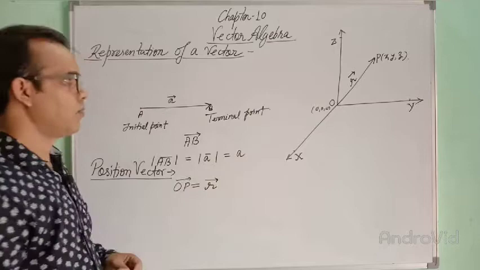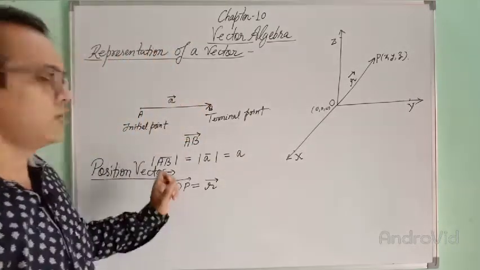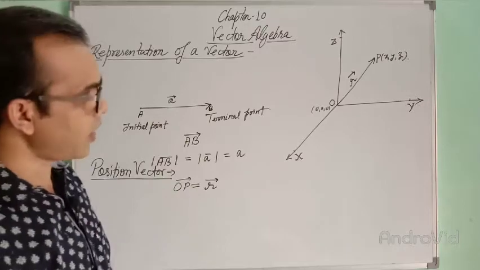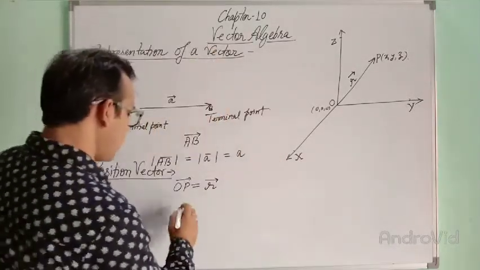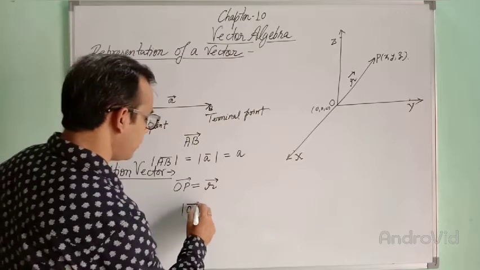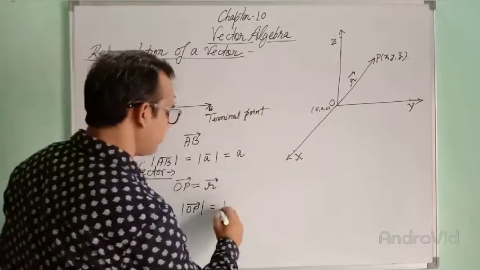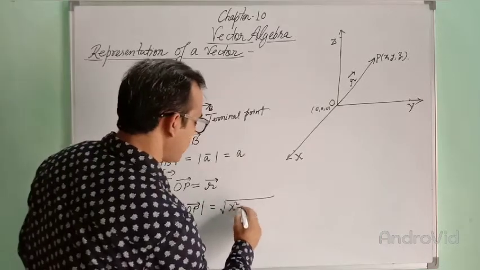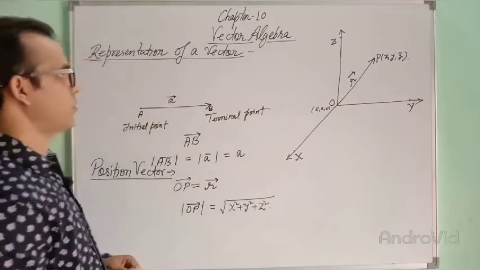This is the position vector of the point P with respect to origin O. Now what about the length of OP? You have studied in class 11 that the length of segment OP will be given by the square root of x squared plus y squared plus z squared.